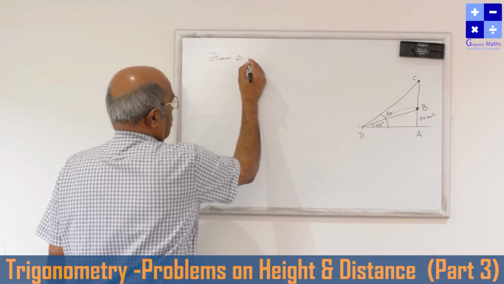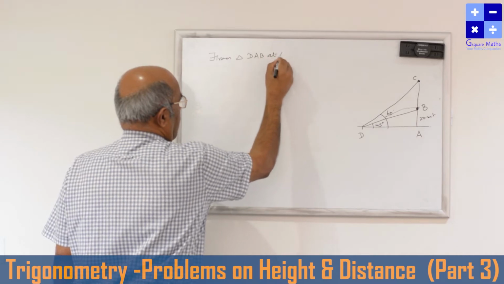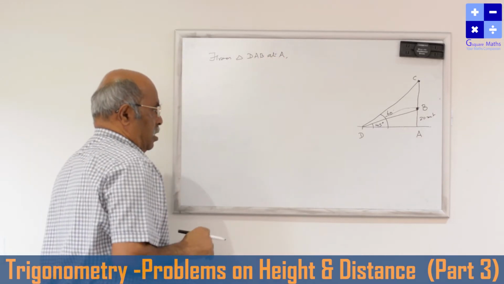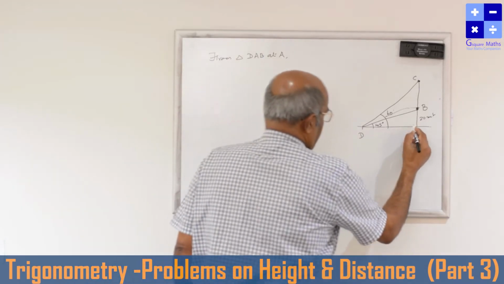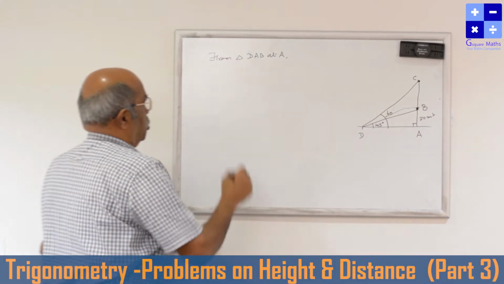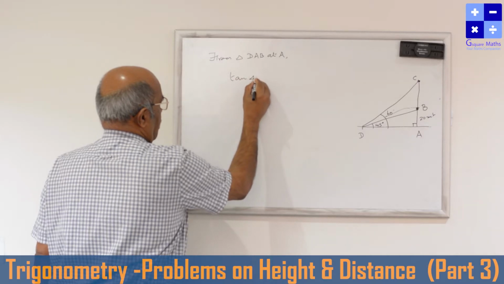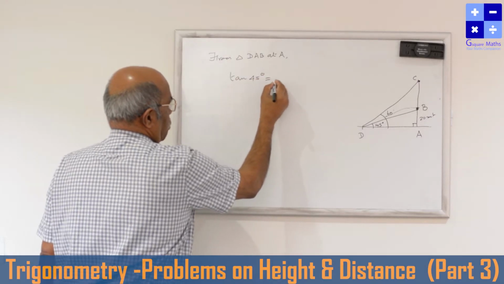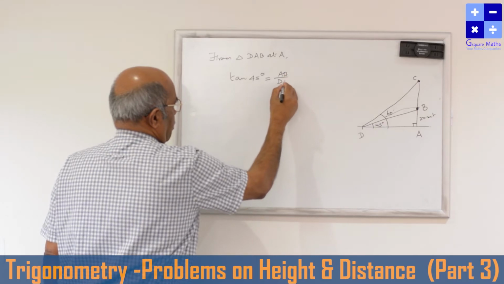From triangle DAB at A. You know what is the significance of this? DAB is a right angle triangle at the point A. So tan 45 is equal to AB by DA.